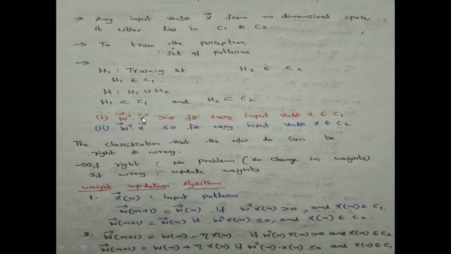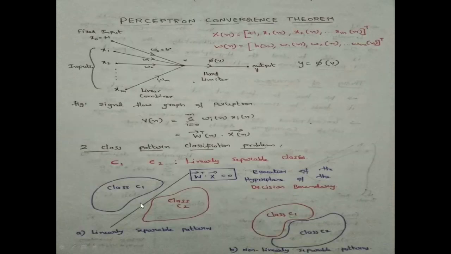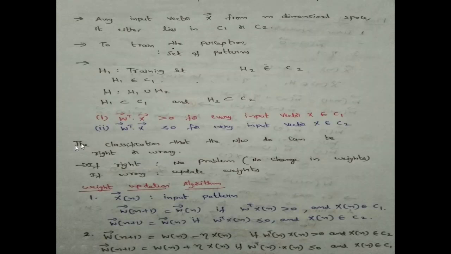We can now write the classification equation, given that the decision boundary is given with the help of this equation, W transpose X equal to 0. So we can now write that W transpose X is greater than 0 for every input vector X belonging to class C1, and W transpose X is less than or equal to 0 for every input vector X belonging to C2.